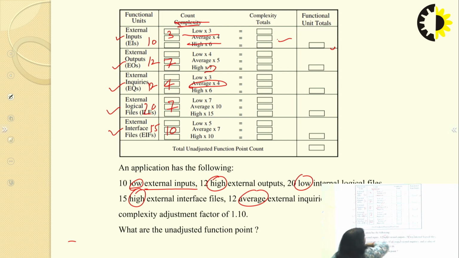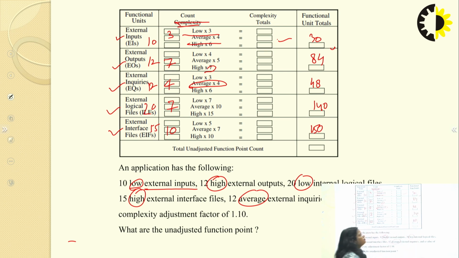Based on this we calculate the complexity totals. Here 10 into 3 means 30, 12 into 7 is 84, 48, 140, 150.